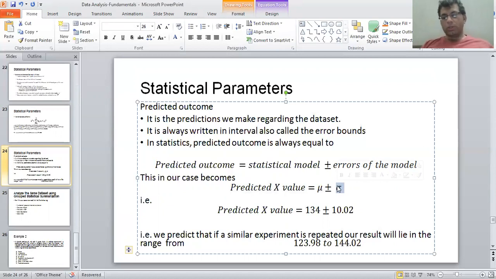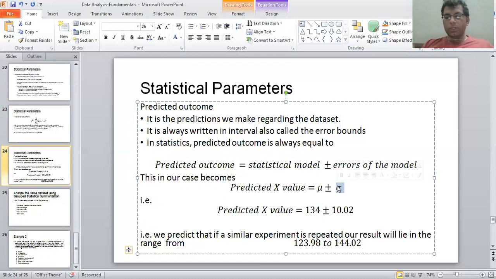and when we do these calculations we get 123.98 for 134 minus 10.02, and when we sum 134 with 10.02 we get 144.02. So this means that for the given data set, what we can predict is that if this experiment is performed again in future, the error margin is from 123.98 to 144.02.